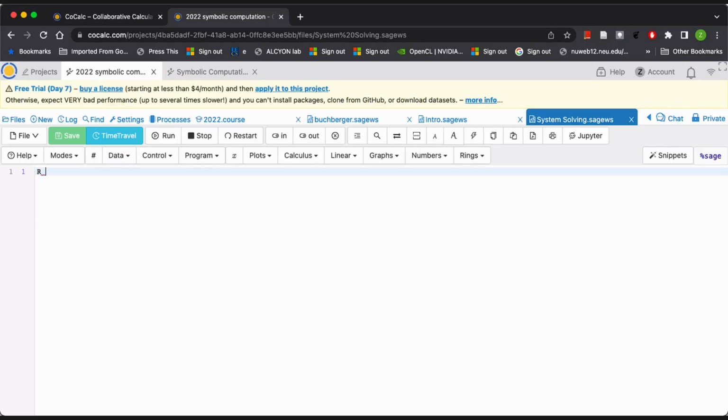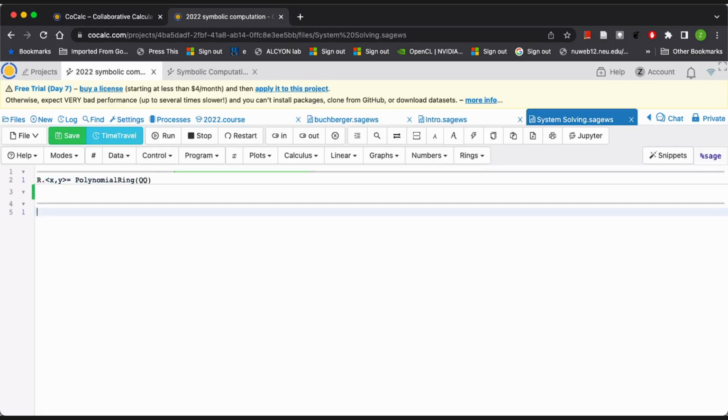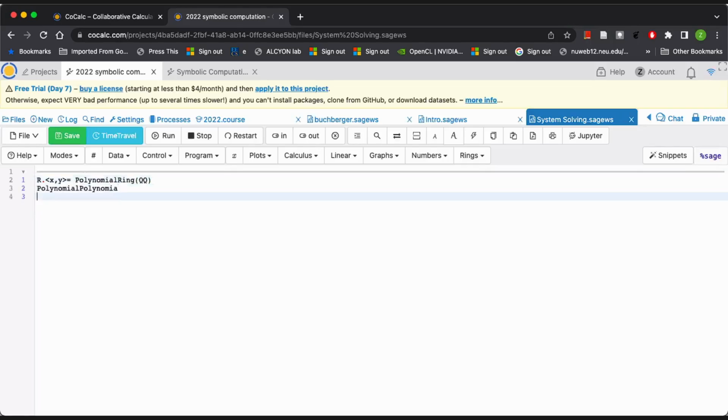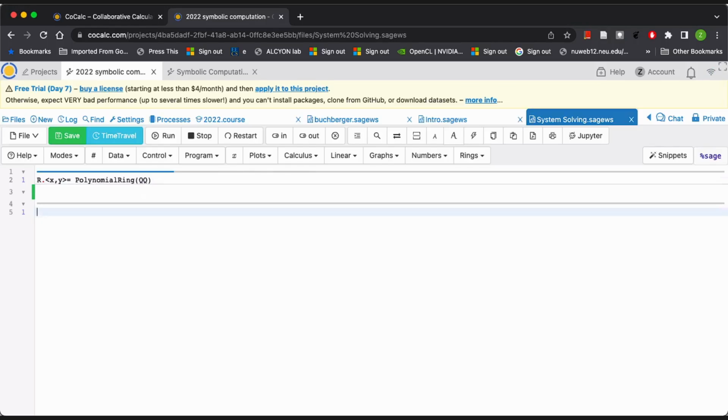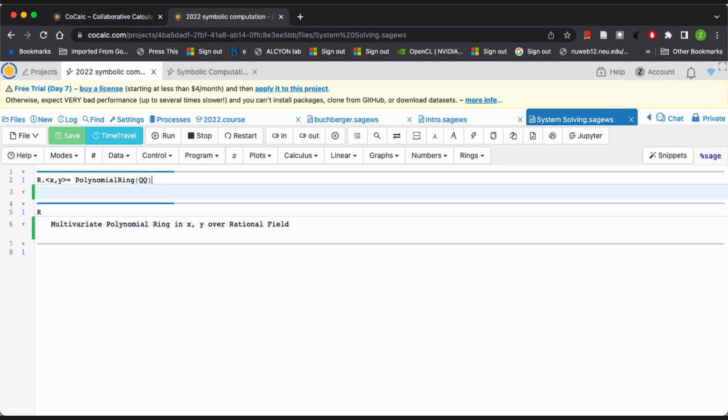I'll start. So let's say R in X and Y is a polynomial ring over the rational numbers. Okay, so R is this.